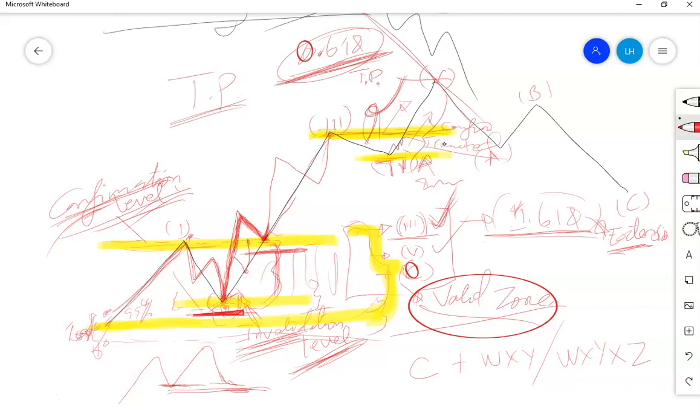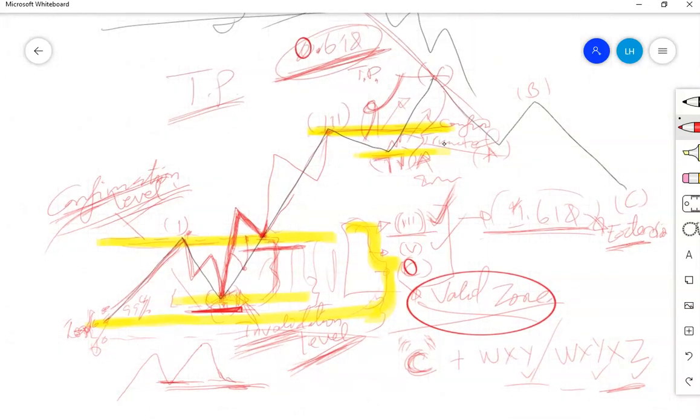In addition to wave C, which I will explain, make sure you know that you will apply similar principles when you are trading combinations, and mainly in a combination you can trade wave Y, or wave Y and wave Z. It depends on which type of combination, maybe just a double combination or a triple combination. But my target here is to explain how you can trade wave C profitably.